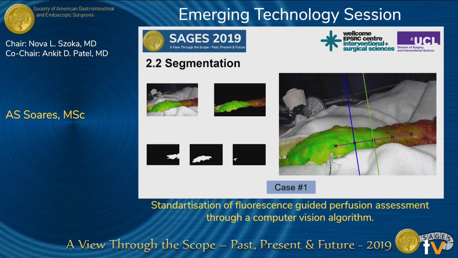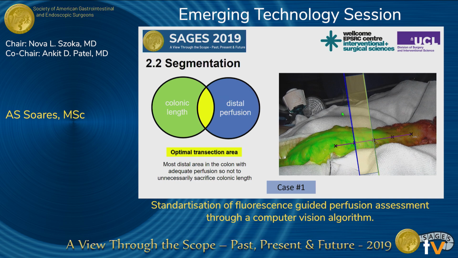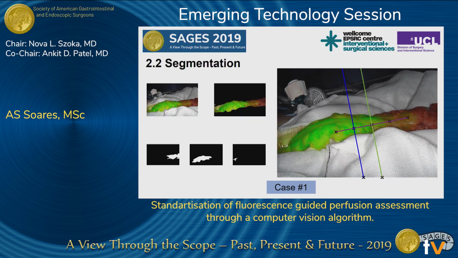How does this look? This is the output from this algorithm, which gives us an optimal transection area. This is defined by the best compromise between distal perfusion on one hand and colonic length on the other. So here is what we consider as the optimal transection area as per this algorithm's output.